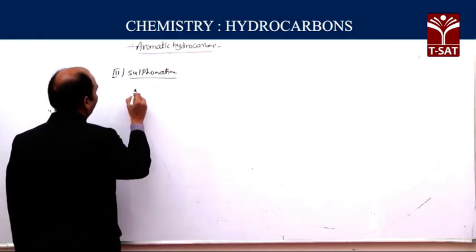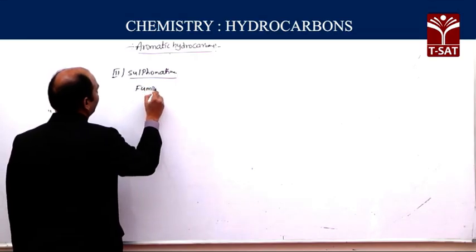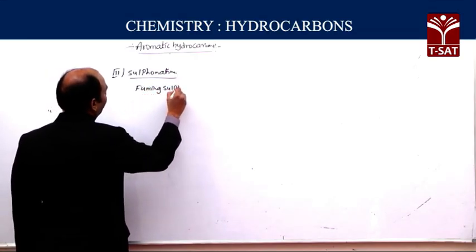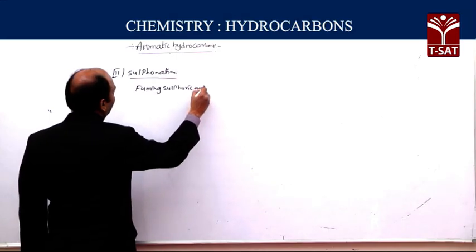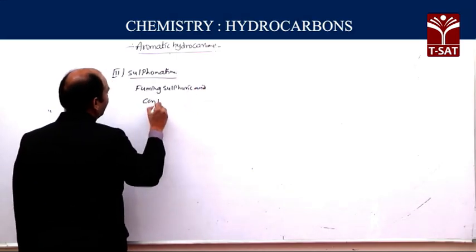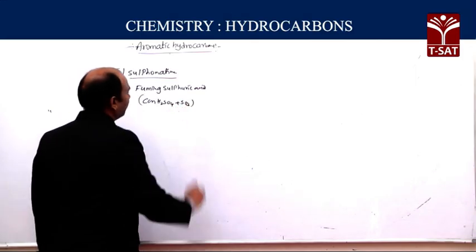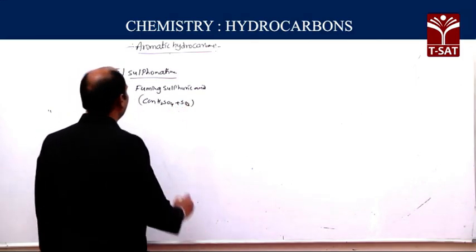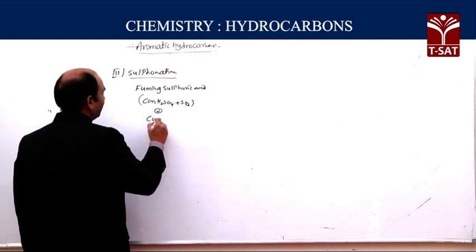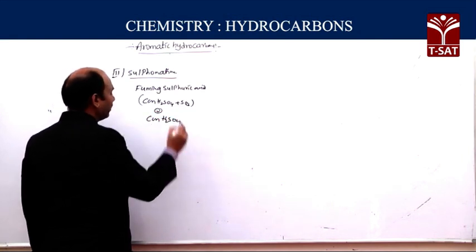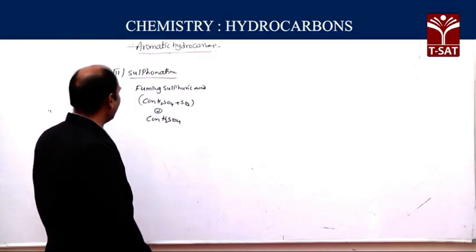For sulfonation we use fuming sulfuric acid, which is nothing but a mixture of concentrated H2SO4 plus SO3. Otherwise we use concentrated sulfuric acid, or we also use chlorosulfonic acid.